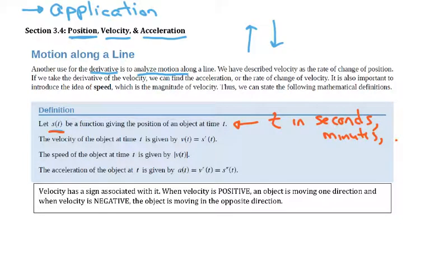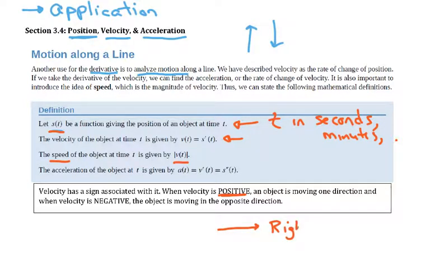And then it turns out, and we'll look at this in a little more detail, that velocity is the derivative of the position function. And we'll see why this is so. And speed is the absolute value of velocity. So velocity has a sign associated with it. When it's positive, it's moving one direction, maybe to the right.